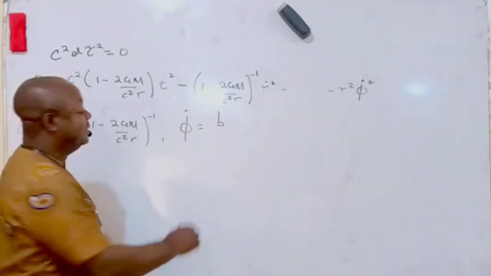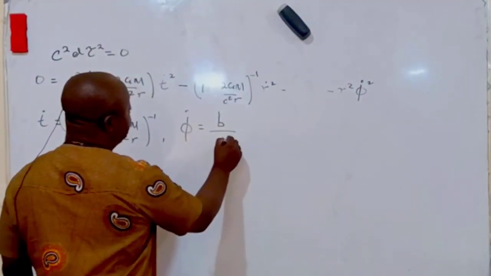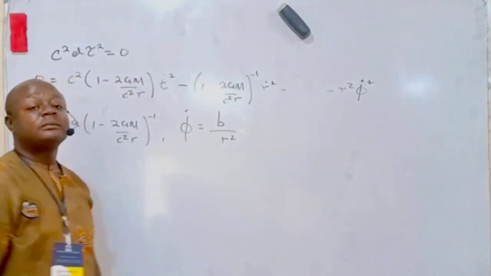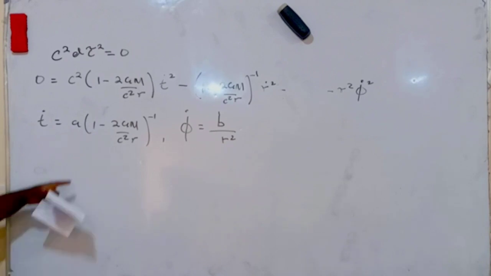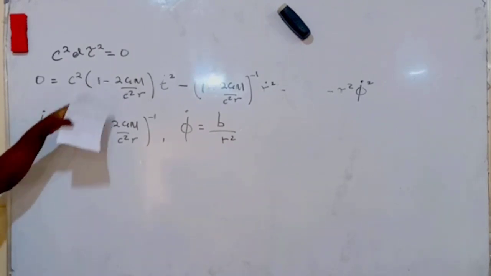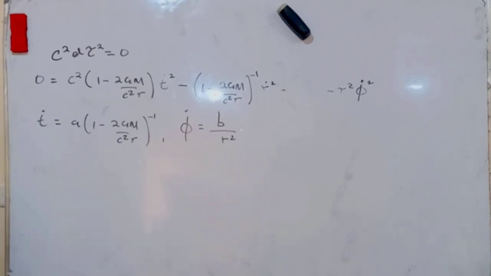You can decide to use B, it doesn't change anything, at the equatorial plane. So we'll now substitute this into this.